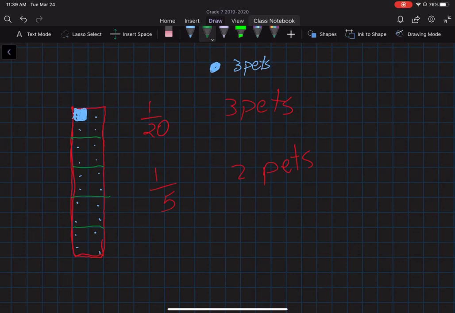I know that one of those 5 pieces, any of those pieces would do, is green, which means 2 pets people. Now the question is asking altogether, how many people have either 2 or 3 pets?